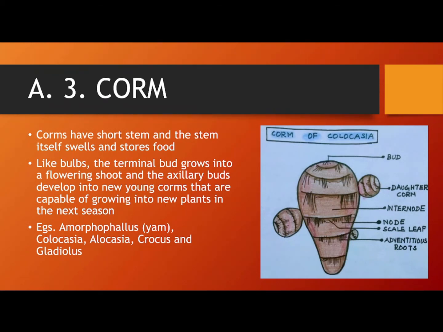The terminal bud grows into the flowering shoot and axillary buds develop new young corms that are capable of growing into new plants in the next season. All this will happen at the time of favorable conditions only. Amorphophallus, Colocasia, Alocasia, Crocus, Gladiolus are a few examples of corm.